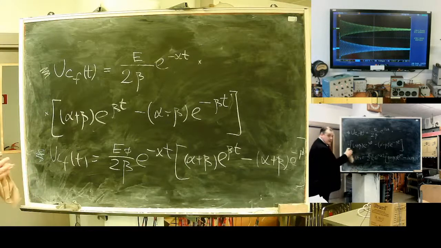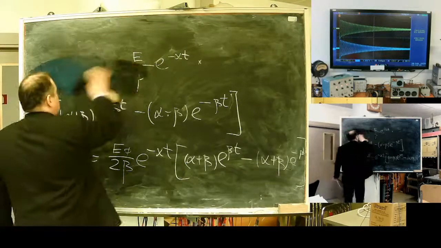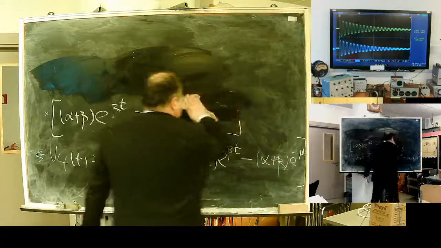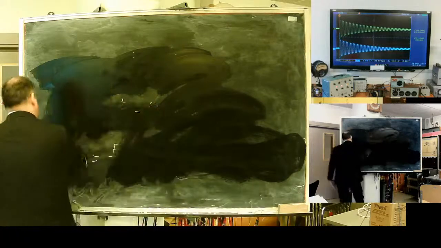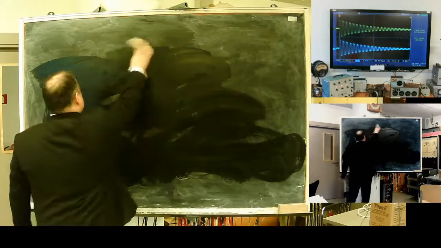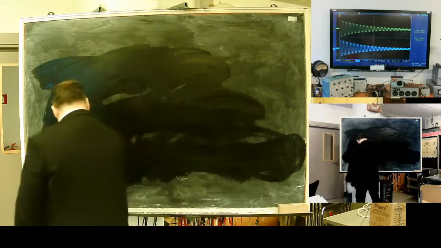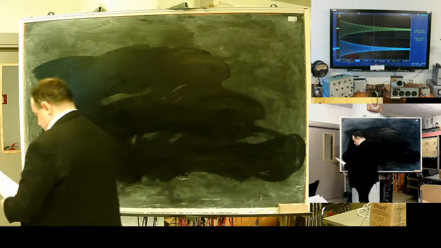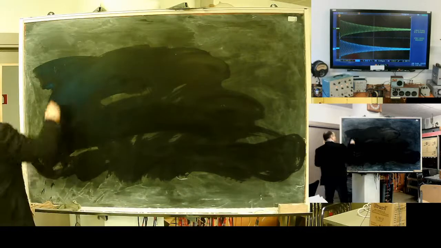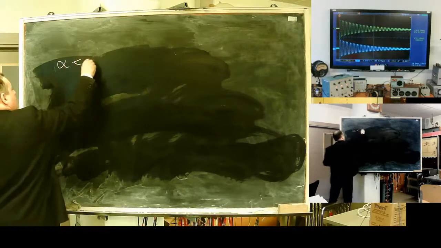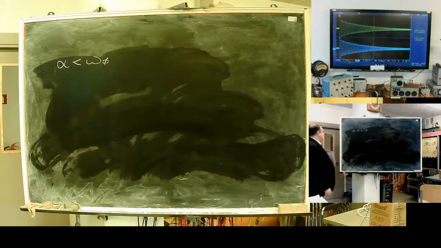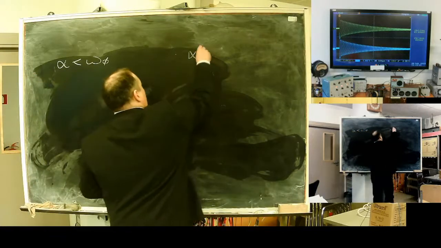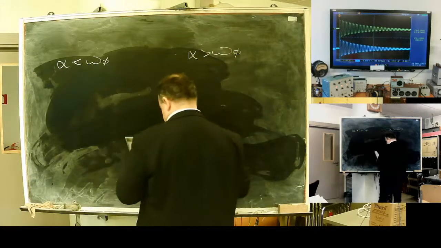And here, we should consider two possibilities, and it's important in our business. One possibility is when alpha is smaller than omega 0, another is when alpha is greater than omega 0.